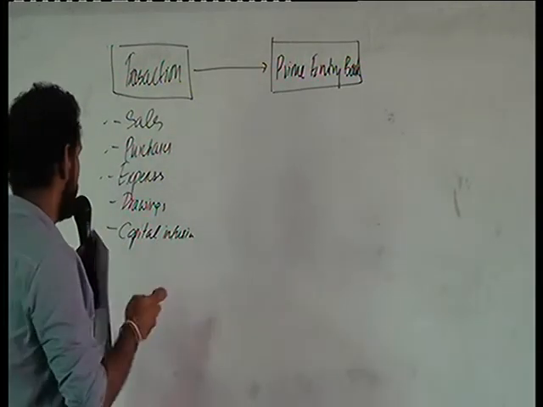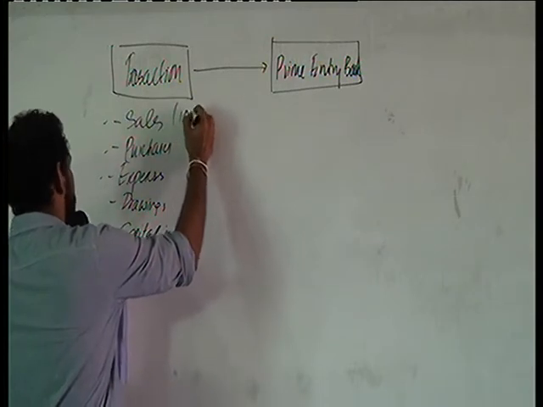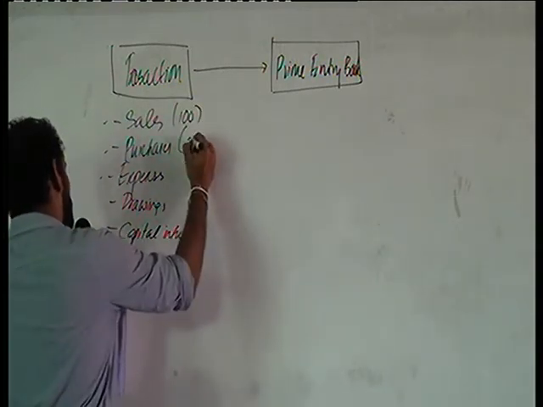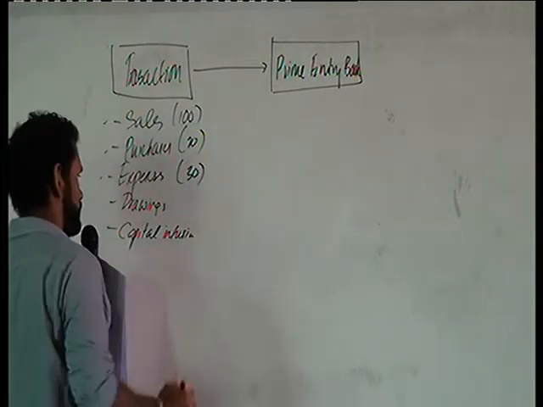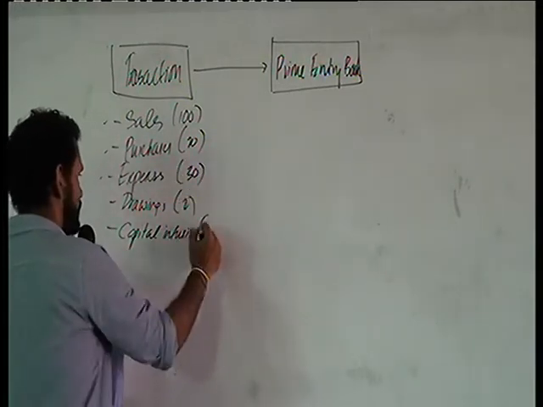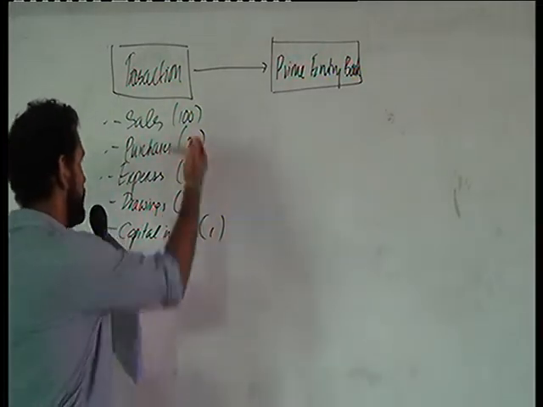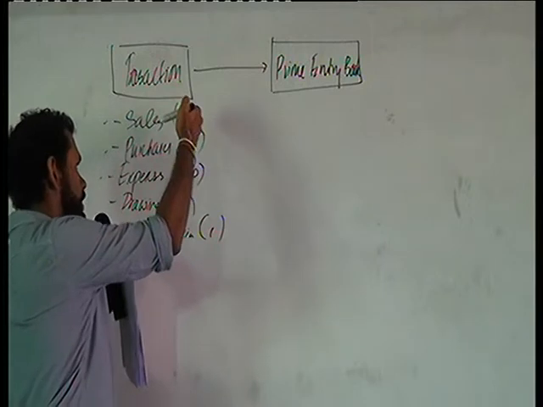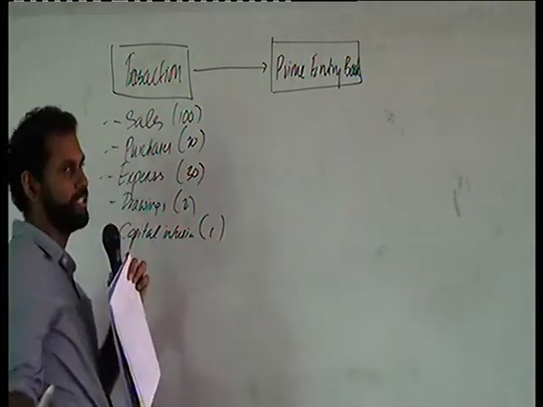Let's say, for example, for the day they have about 100 sales transactions, 20 purchase transactions, 30 expense transactions, 2 drawing transactions, then 1 capital infusion. For another day, this might be 200, 50, 10, 1, and there might not even be a capital infusion.